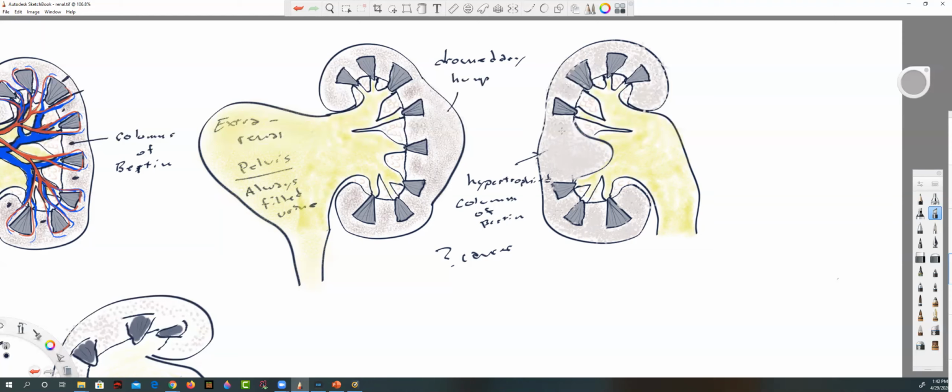Once again, is it isoechoic? If it's not isoechoic, then we can't assume that's a column of Bertin. Columns of Bertin almost always occur mid-pole. You don't really find them up at either end, and they jut inwards. The dromedary hump juts outwards.